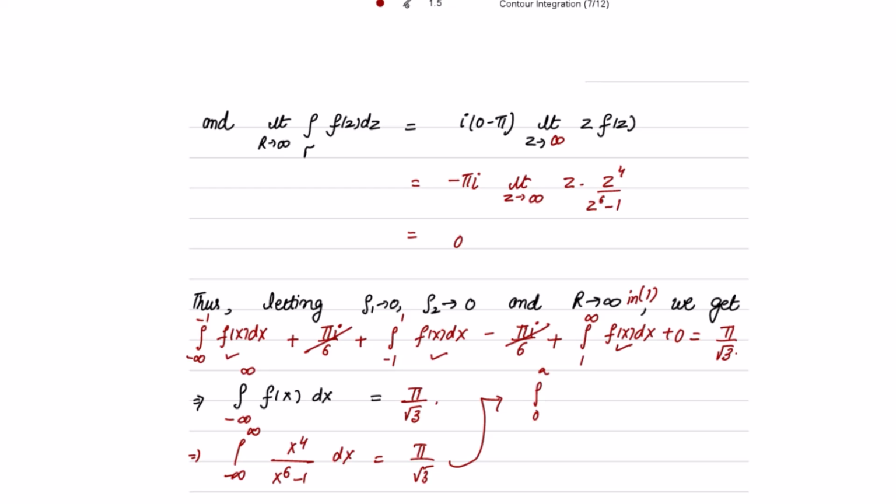So from 0 to infinity twice x to the power 4 over x to the power 6 minus 1 dx is equal to pi over root 3. Fine. And finally I can get from 0 to infinity, my final result is now, as you take this 2 to the other side, you get pi over 2 root 3 as your final, the required result.